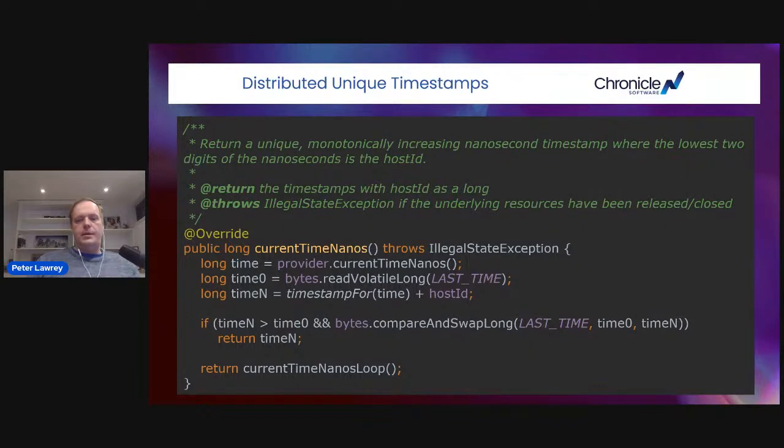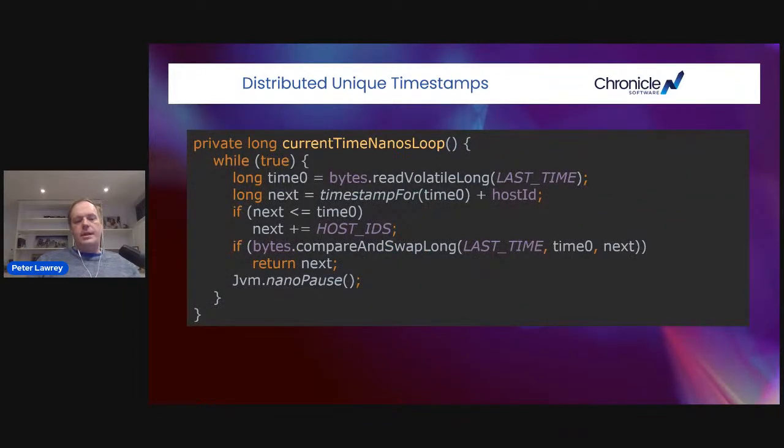The less happy path is that the previous timestamp generated on that machine is either newer or the same, probably the same. And so it has a loop where it gets the most recent one, tries to get the next one, and sits in a loop until it successfully acquires a new timestamp which is higher than the most recent one issued.